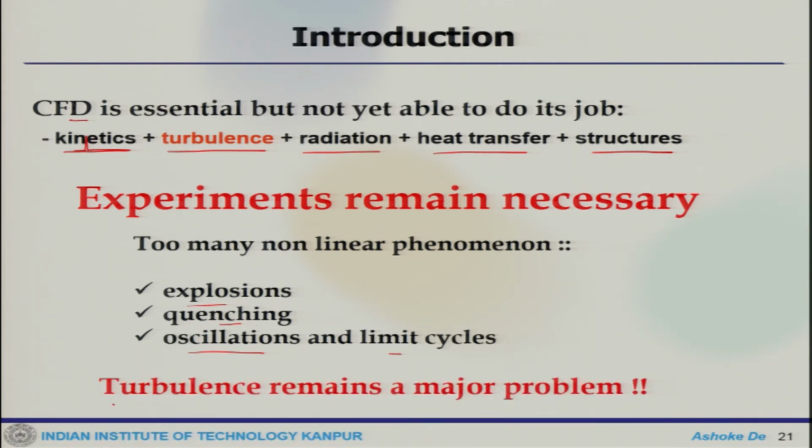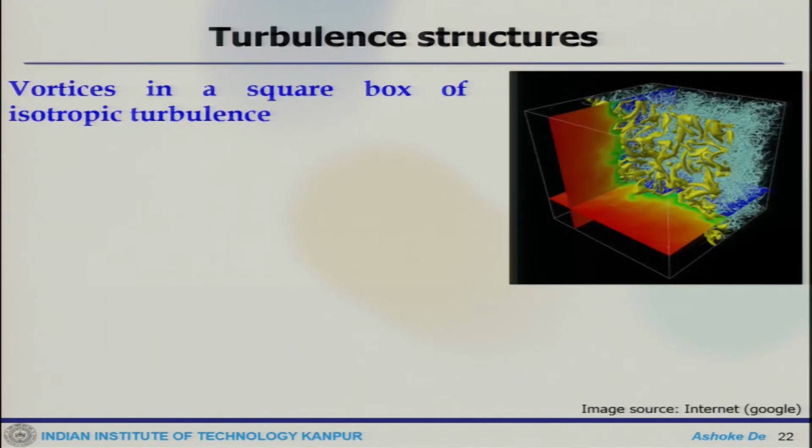So, this is what remains a major problem. That means if you see things happening when you talk about turbulent combustion, the combustion itself is complicated, on top of that when you are dealing with a turbulent system, that creates another level of problem, or that remains a huge problem.